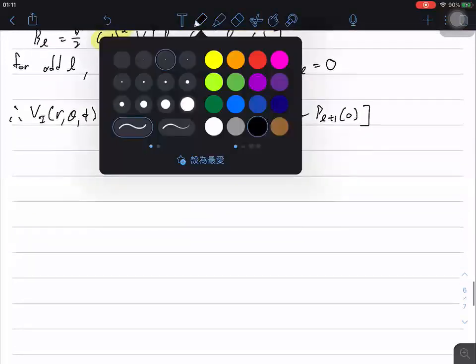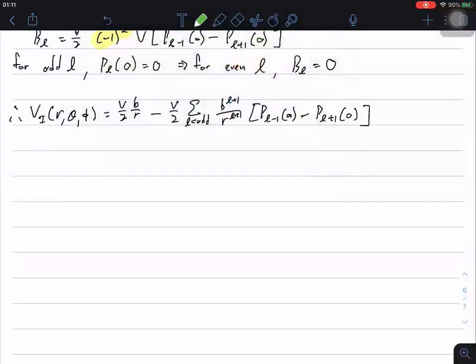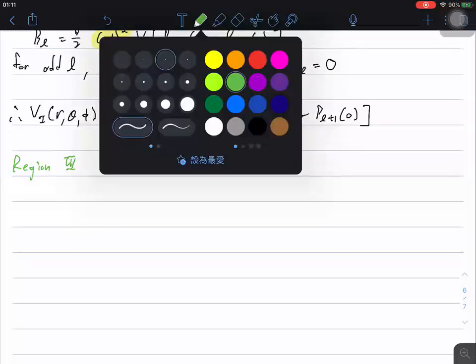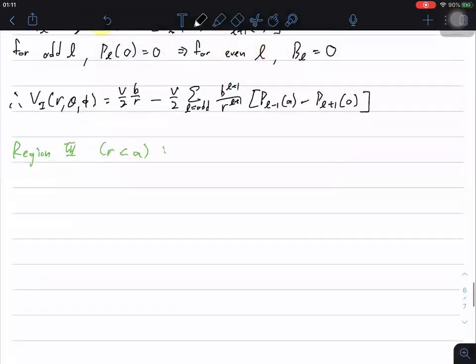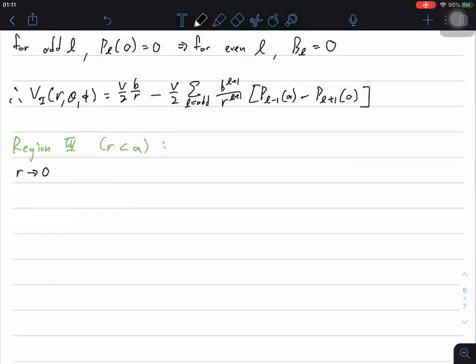The treatment for region 3 is also similar. Let me skip region 2 for now and do region 3 first. Again, as R goes to 0, anything inversely proportional to R will be singular, which means that B_L this time is equal to 0.